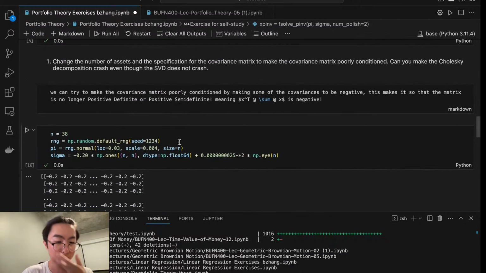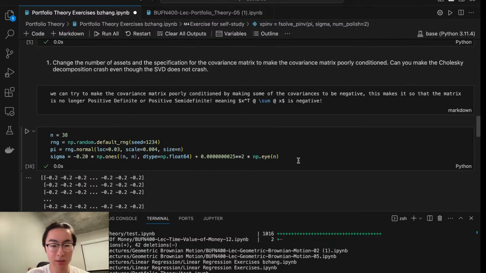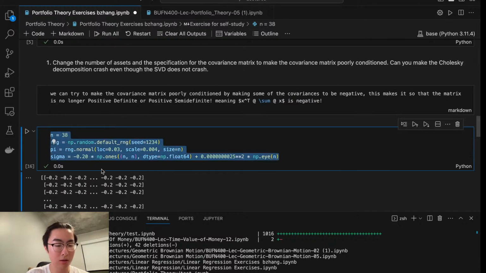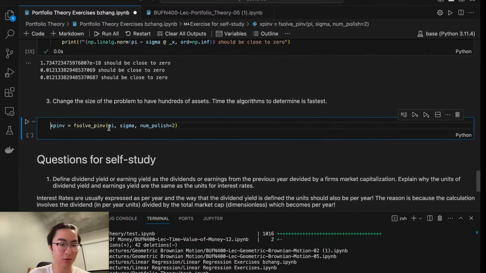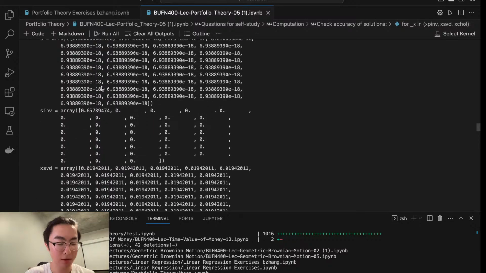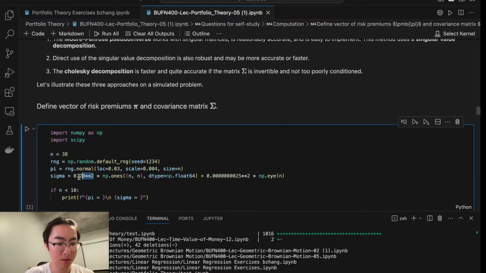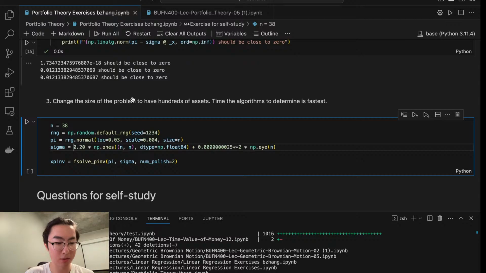Let's time all of these algorithms, see which one is the fastest. All right. And then we'll bring this back to what it was before. I think it was 2.2 squared.